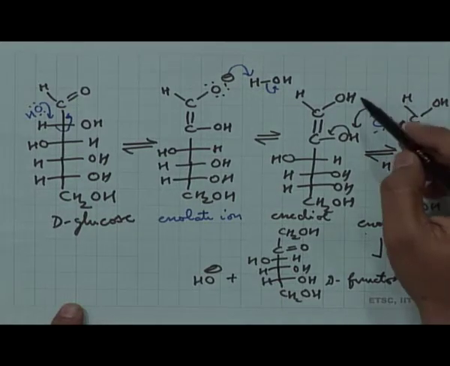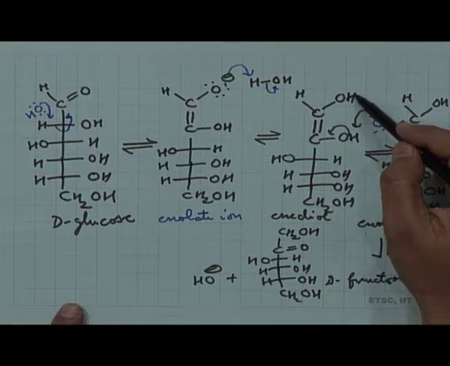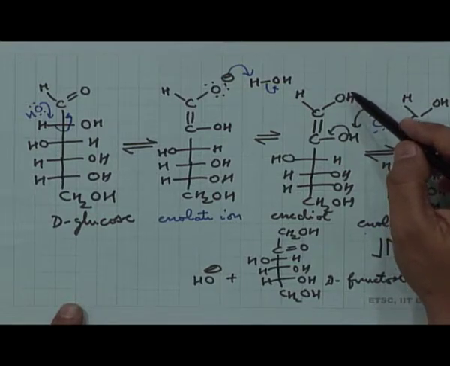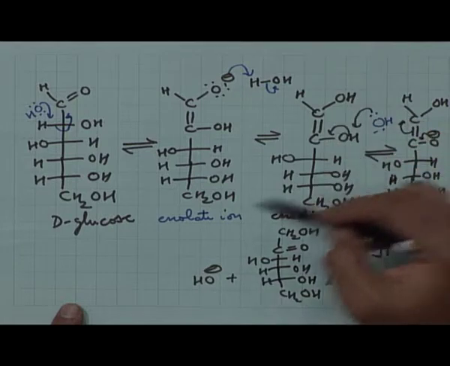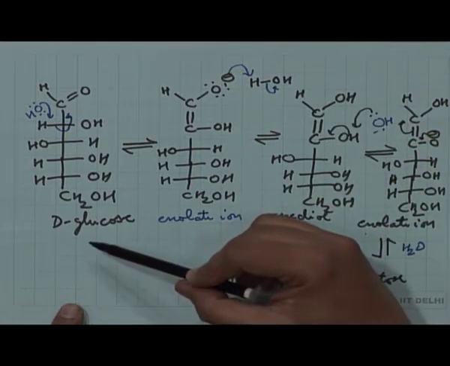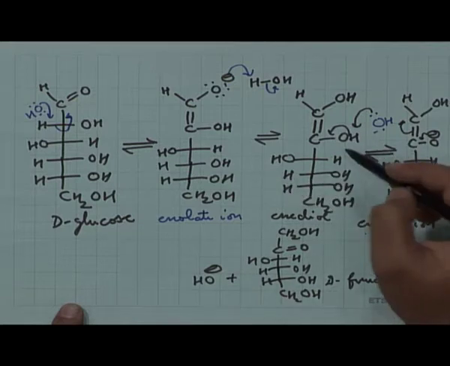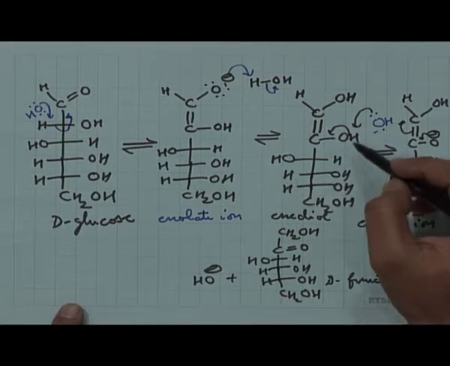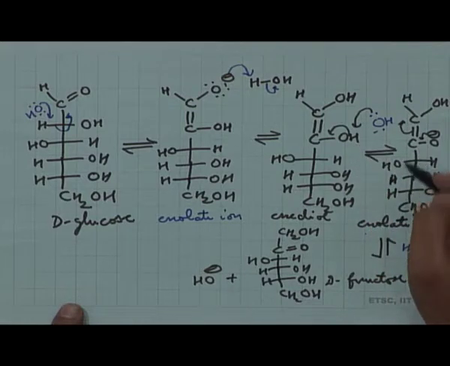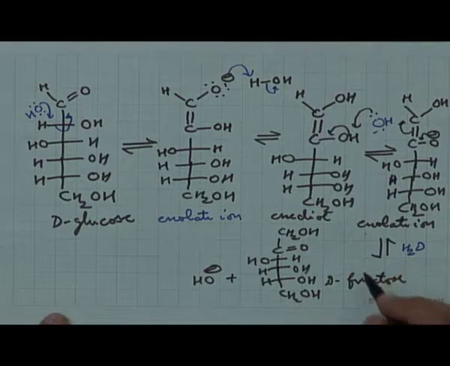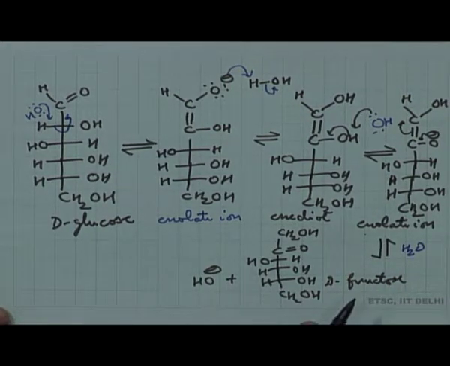Now, if deprotonation of the first hydroxyl group takes place, then again it ends up going to D-glucose or D-mannose. If deprotonation of the second hydroxyl group of the enediol takes place, it will generate D-fructose after the tautomerization.